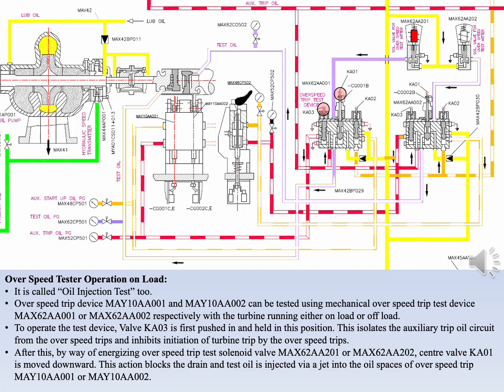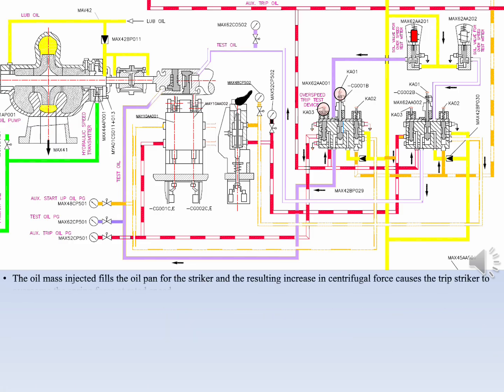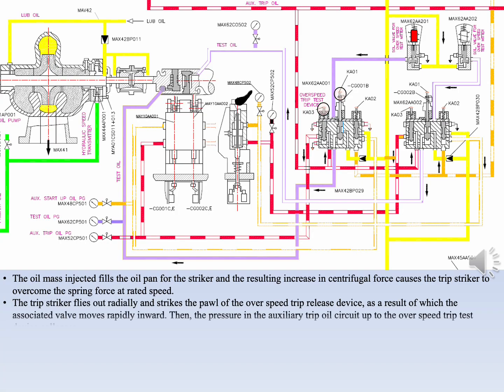This action blocks the drain, and test oil is injected via a jet into the oil spaces of overspeed trip MAY10AA001 or MAY10AA002. The oil mass injected fills the oil pan for the striker, and the resulting increase in centrifugal force causes the trip striker to overcome the spring force at rated speed.